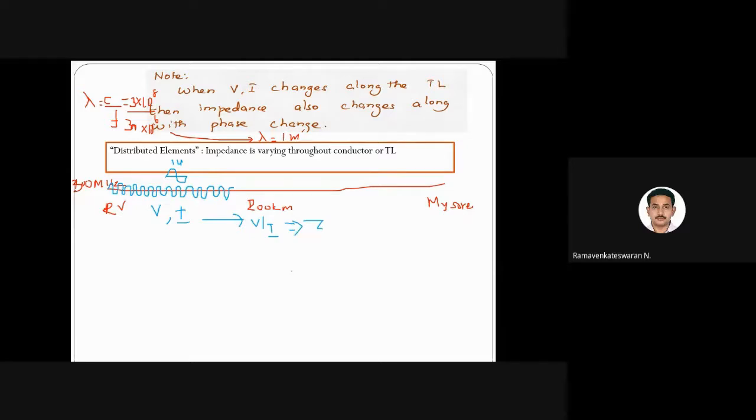Okay, so if voltage and current vary, how can I design any circuits, or how can I expect the signal here? If voltage and I are constant, only then can I do any analysis, right? So if you take any circuit, if V is there, for example you are connecting here to the output, so this is the current I. You expect the same voltage and current here, because it's just a simple wire.